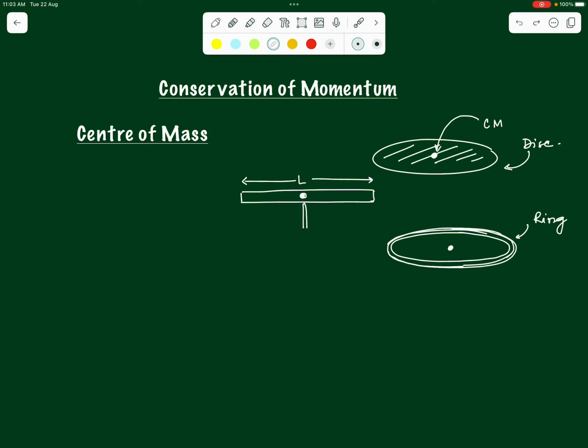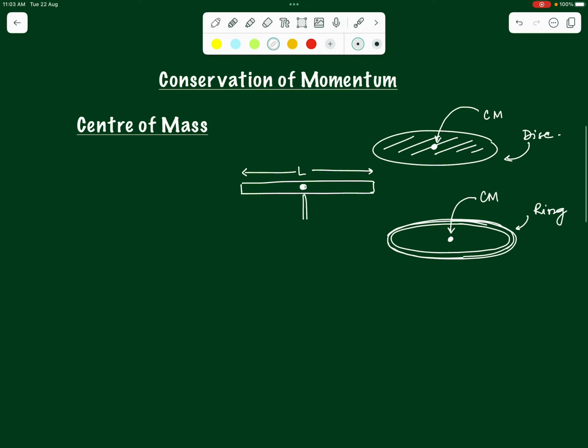But by symmetry, can we still say that the center of mass of this ring will be at the center of the ring, which will be this point, which ideally does not lie on the ring. There is no mass of the ring at this point, right? But the whole ring is placed symmetrically with respect to this point. So we say that this is the center of mass of the ring. So understand that the center of mass of a body may or may not lie on the body. It might lie outside the body as well.